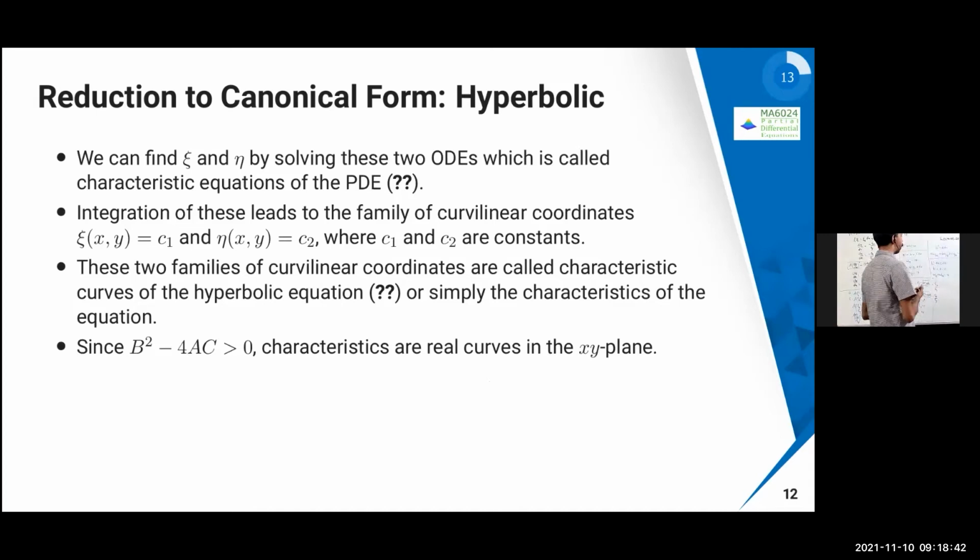Since b square minus 4ac is greater than 0, the roots are real and distinct. Therefore, you are going to get real characteristic curves, no complex ones. Characteristic curves are real curves in the xy plane.